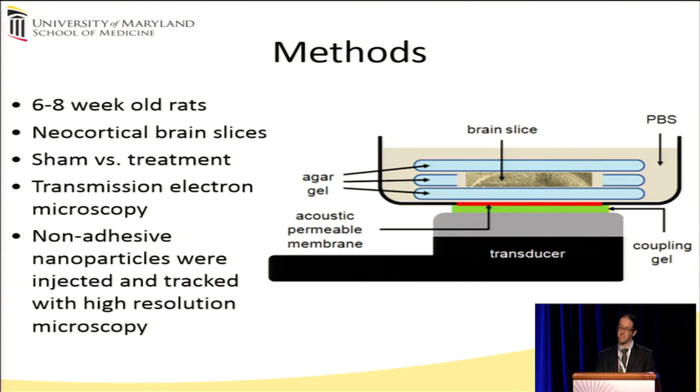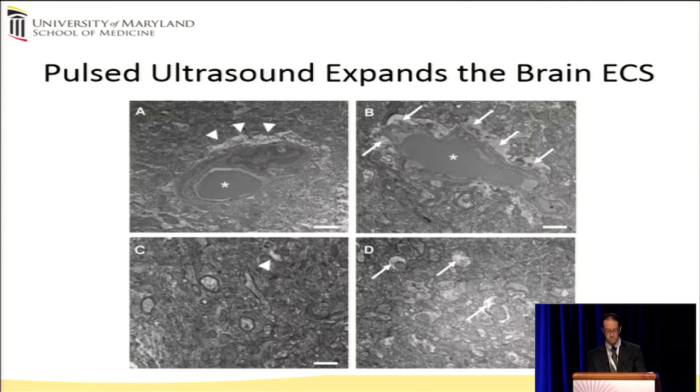We obtained brain slices from young rats, and we used a customized chamber to couple the slices to the ultrasound transducer. We then, after sham treatment or sonication, performed electron microscopy to study the ultrastructural changes that were taking place in the brain parenchyma.